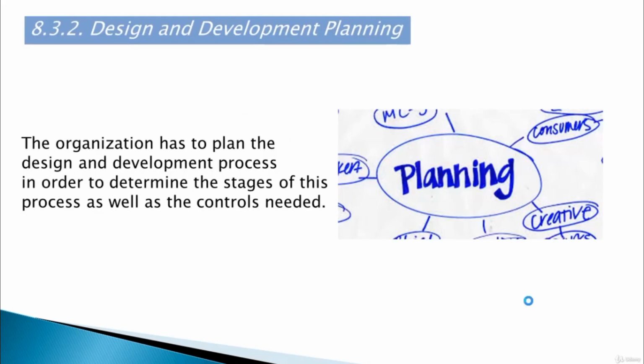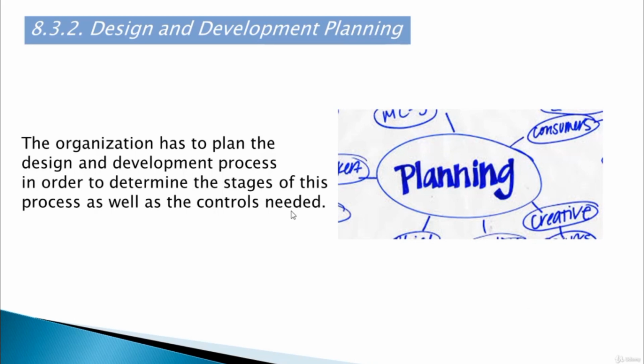The second subclause of the design and development of products and services is of course the planning of the design and development of products and services. So simply put, the organization is required to plan the design and development process in order to determine the stages of this process as well as the controls needed.